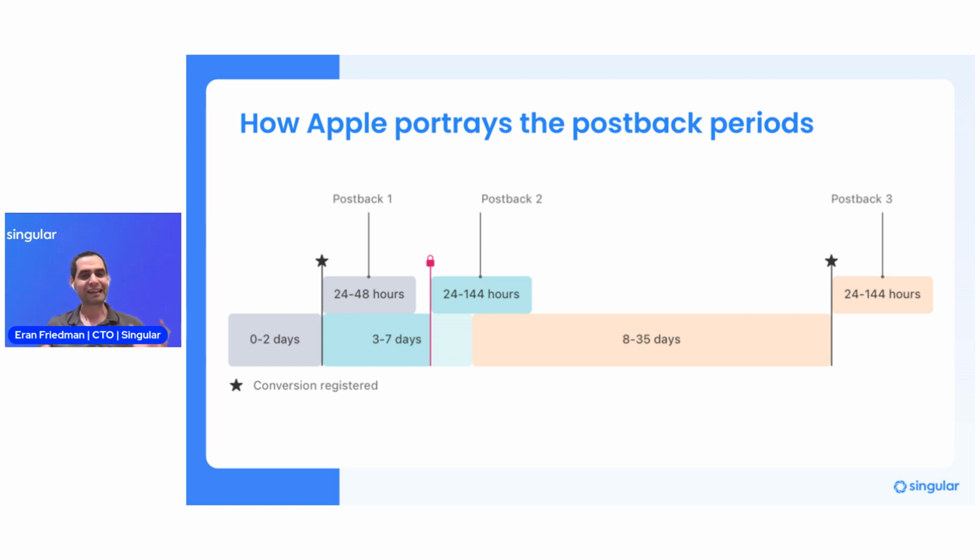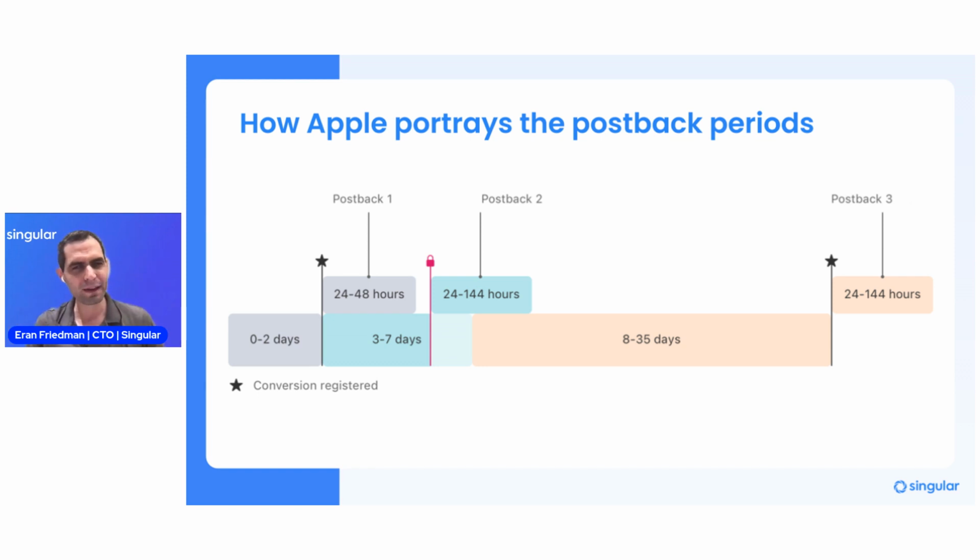So generally, it means that if you want to see the value or the performance of your campaigns after 35 days from your install, you need to wait those 35 days to encode that last opportunity to encode your conversion value, and then still wait another 6 days from 35 days, so a total of 42 days from the install date to understand the end result of the campaign.